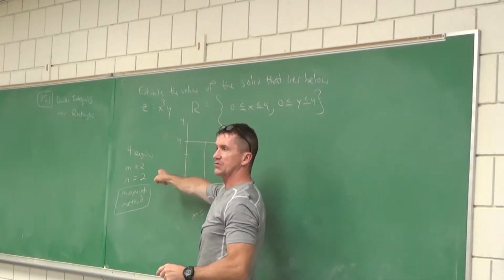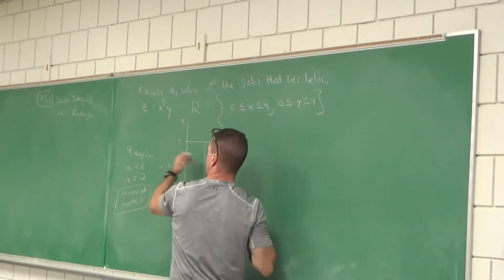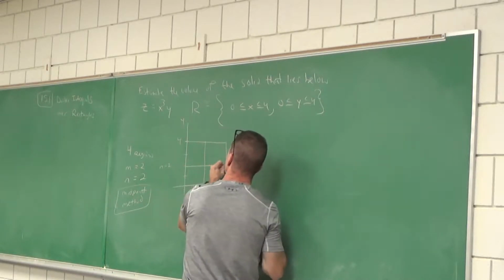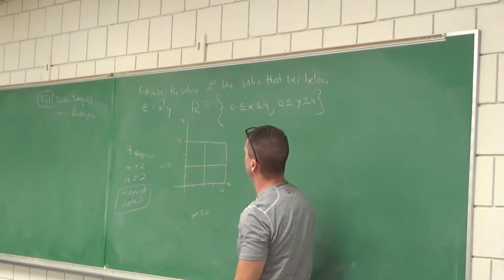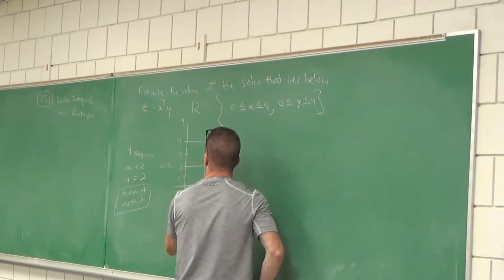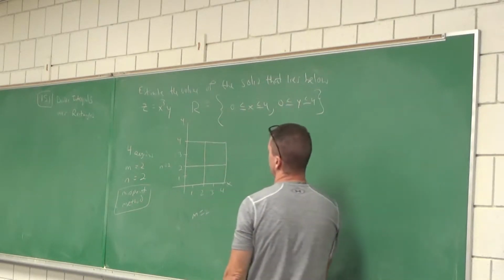The n equals 2 is for the y, in terms of how many ways you're going to split up this. So n equals 2, so I'm going to split it right in the middle, into 2 sections going that way. And how many total sections do we have? We've got 4. That's 1, that's 2, that's 3, that's 4. So there you go.